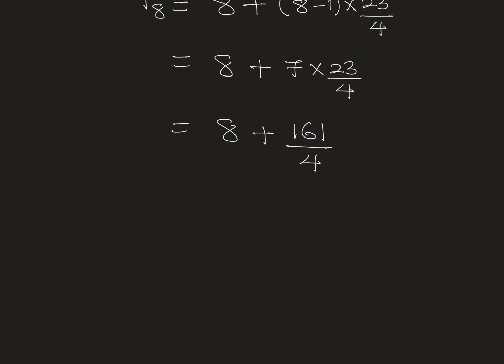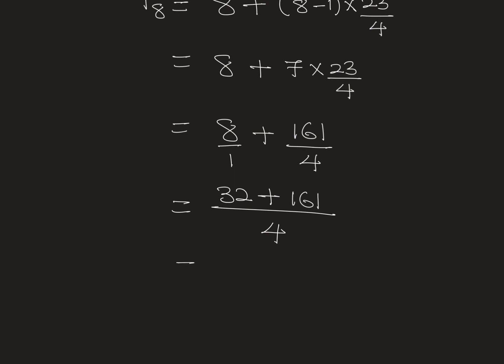We can simplify this further by finding the LCM. Let's say this is 8 over 1, so the LCM will be 4. 1 into 4 is 4 times. 4 times 8 is 32. So that is 32 plus 4 into 4 is 1. 1 times 161 is 161.